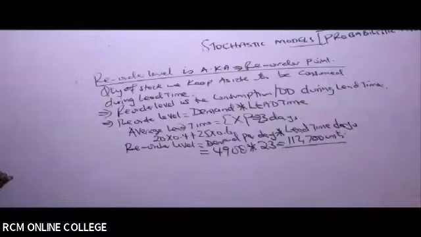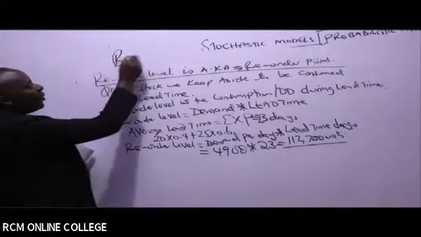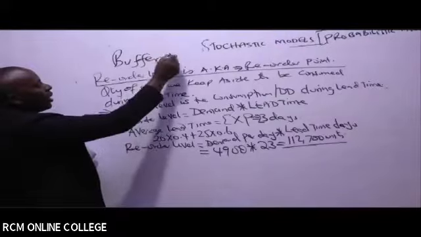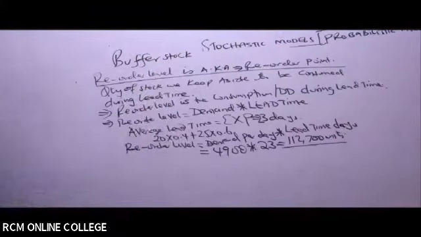So now we want to look at the concept of safety stock. Safety stock, also known as buffer stock, B-U-F-F-E-R, is the minimum additional inventory held above the current reorder level.